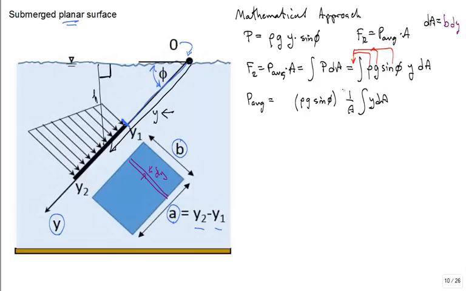What is this term? From your experience, all those tough engineering classes and tough math classes, you can't even count up how many math classes you had to take and pass before you got here. You don't have enough fingers and toes if you go back to kindergarten and grade school. True? What is that term in the brackets? 1 over A integral y dA.